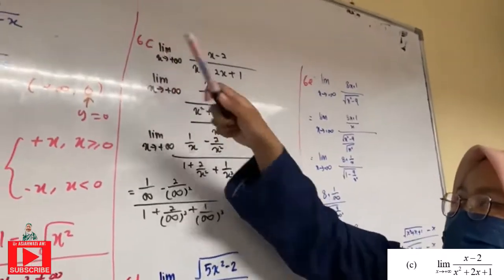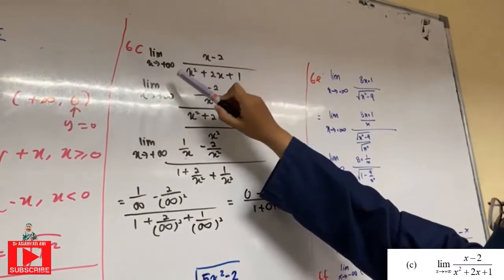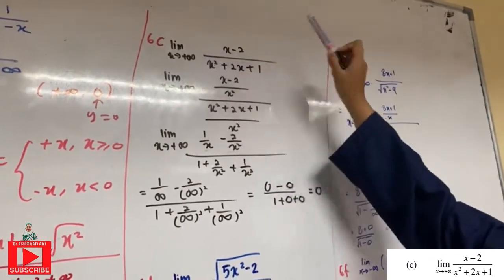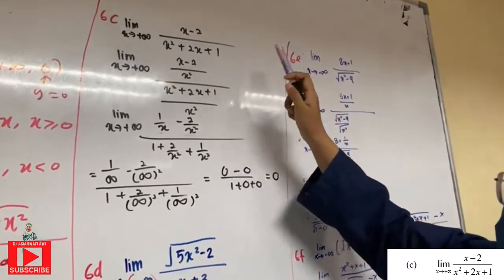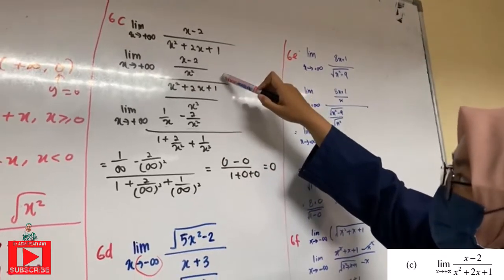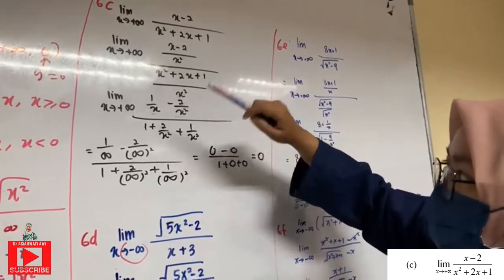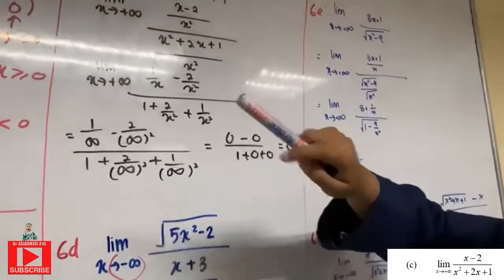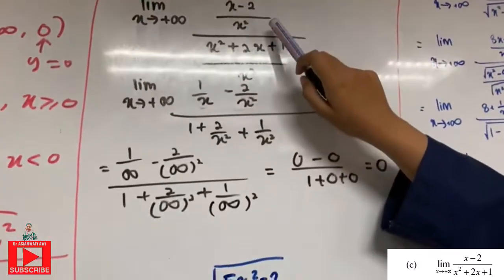For 6C, the question given is the limit as x approaches positive infinity of x minus 2 over x squared plus 2x plus 1. So the first step is we divide the equation by the highest power of the denominator, which is x squared.